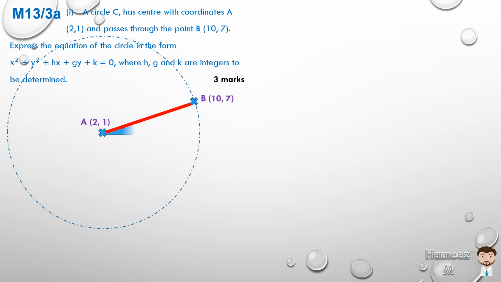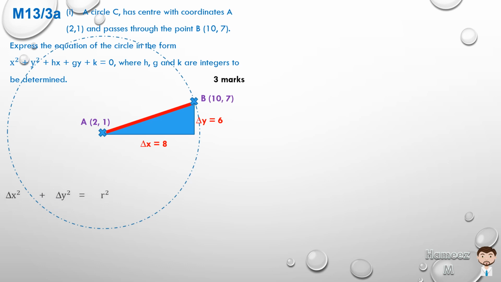So first of all, let's consider the right angle triangle from the center to B. And if we consider the change in x, we're moving from 2, the x coordinate, to 10. So the change in x is equal to 8. And we're moving in the y direction from 1 to 7. So the change in y is equal to 6.